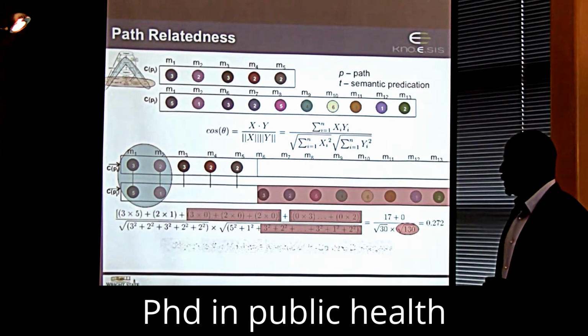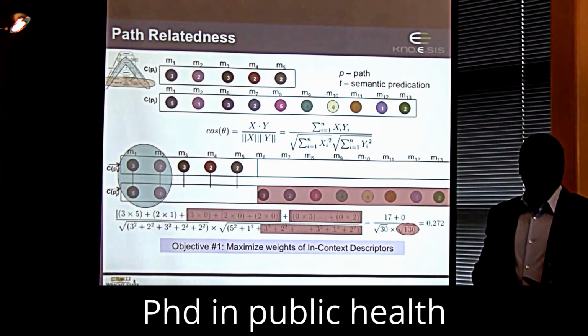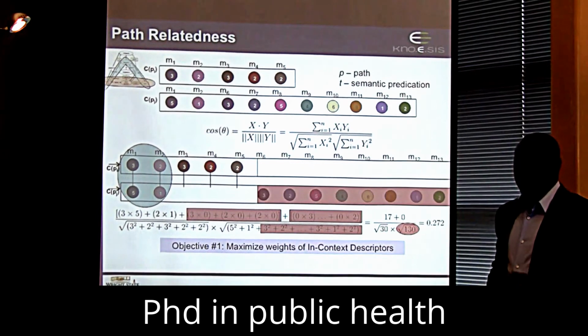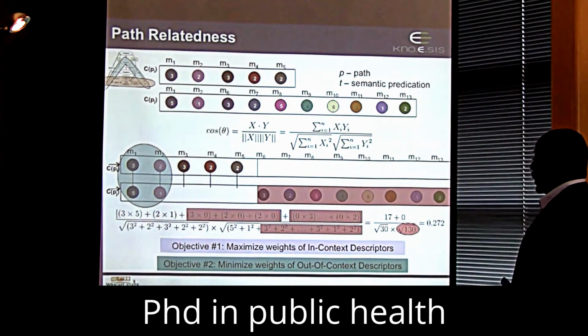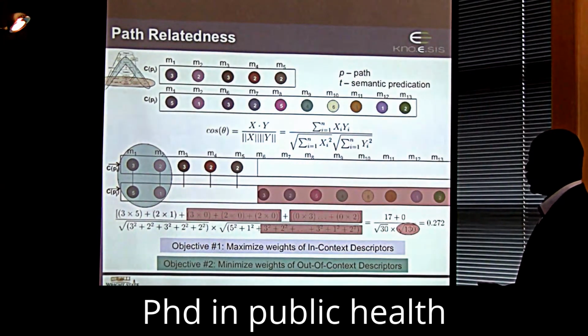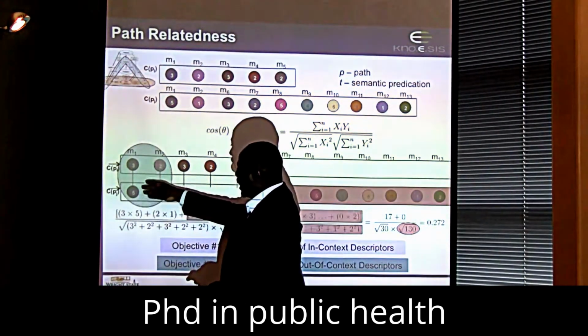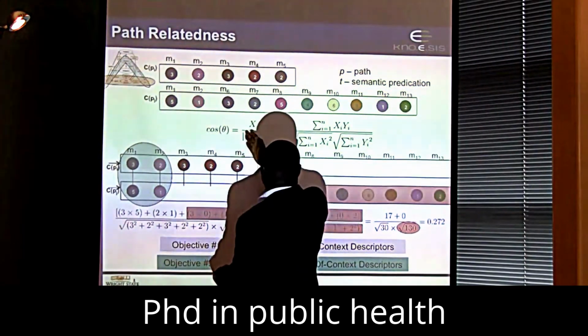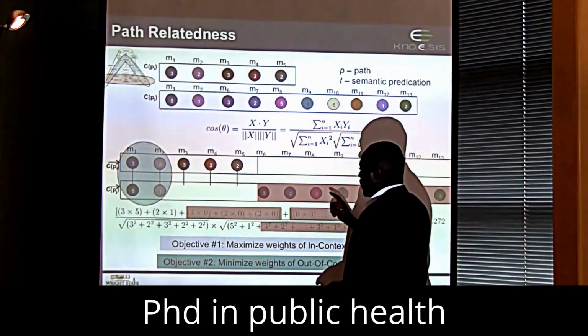First, we have two objectives. One, we would like to maximize the weights of these in-context descriptors, and then minimize the weights of these out-of-context descriptors. There are several ways one can do this. The first thing one can do is take a second look at these frequencies. Let's say we remove the denominator, because those are the lengths and those are bad news.